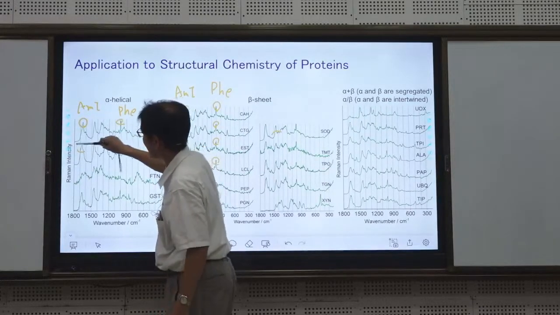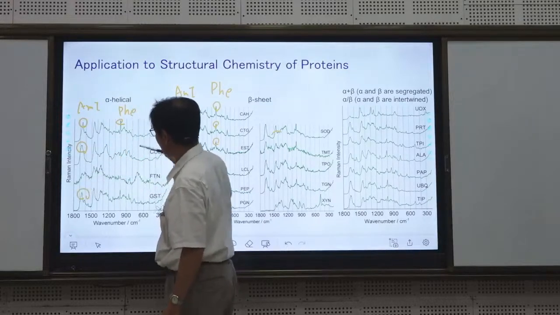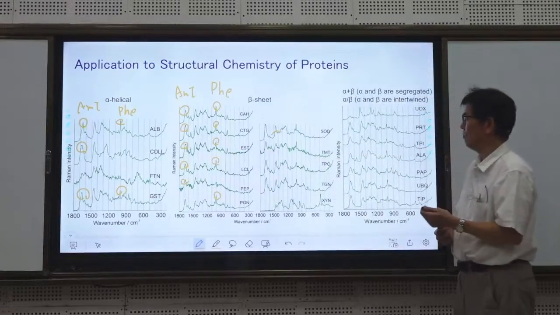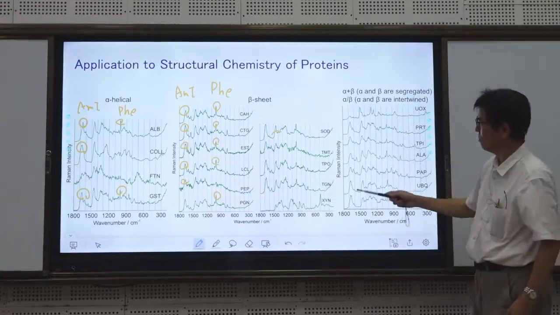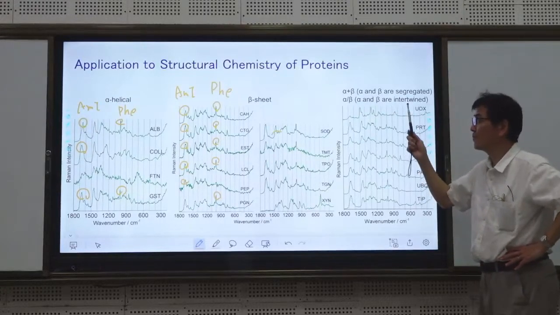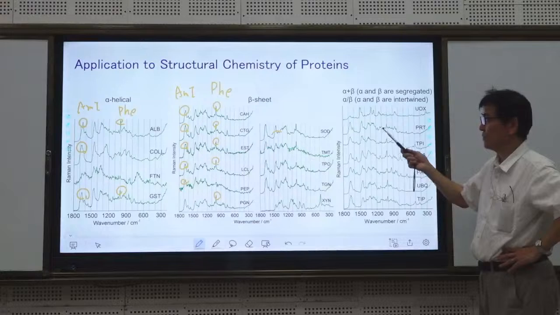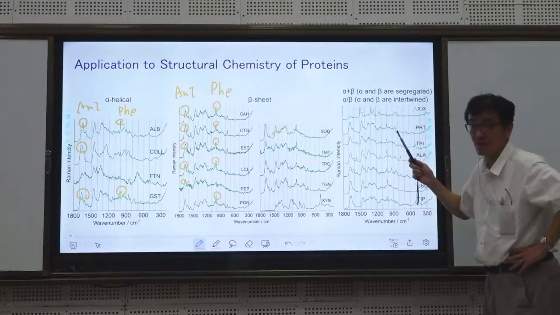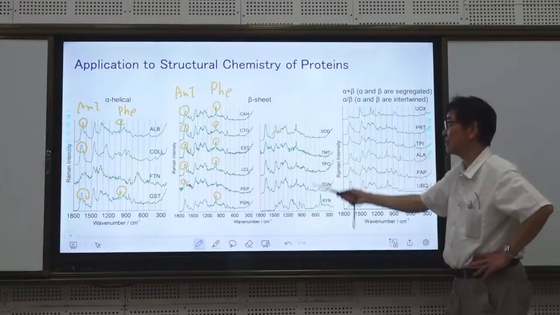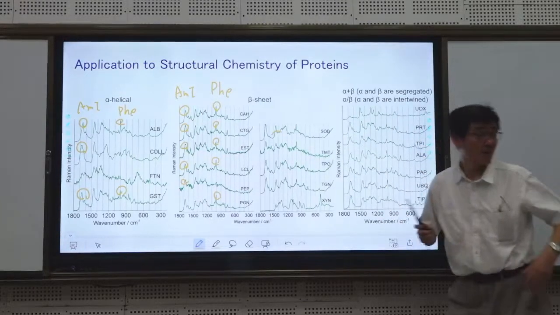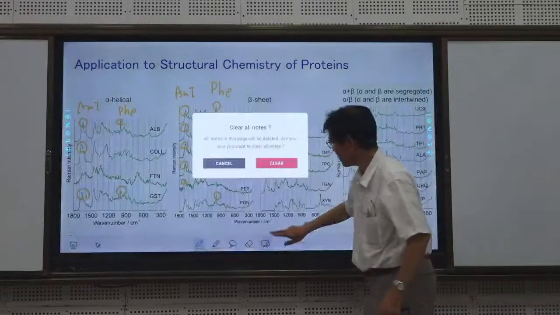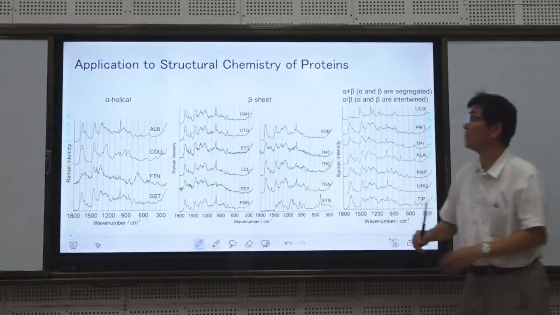Phenylalanine. So, the information we can obtain from the Raman spectrum is similar irrespective of the proteins. Okay?